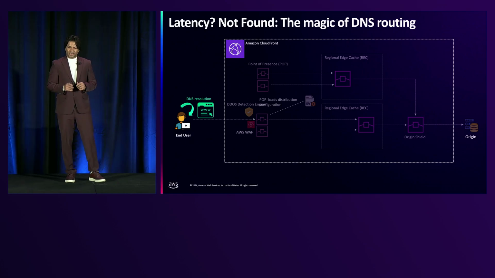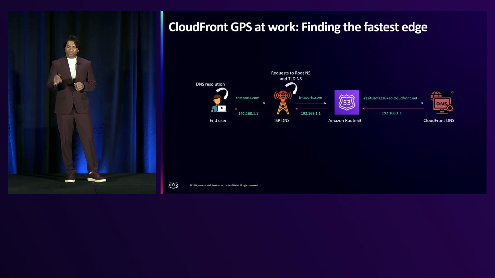So this is where the journey of the HTTP request begins, with a DNS resolution. The faster it resolves, the quicker the browser can start fetching the content. So as the end user makes the request, it starts by going from the browser to the end user's ISP DNS server. This ISP's DNS is a recursive resolver. So it begins by locating the name servers. First, it'll do the top-level domain, like .com, and then it'll look at the specific domain, such as tntsports.com in this case.